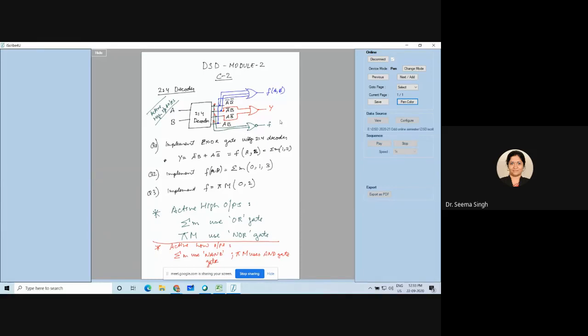What will it become? With a NOR gate, if the two wires have a 0, OR will give a 0. So what will a NOR give? 1. NOR will give me a 1. And that is what is fine with me. If a 3 comes here, or if a 1 comes, my F should be high. Only for 0 and 2, my F should be 0.